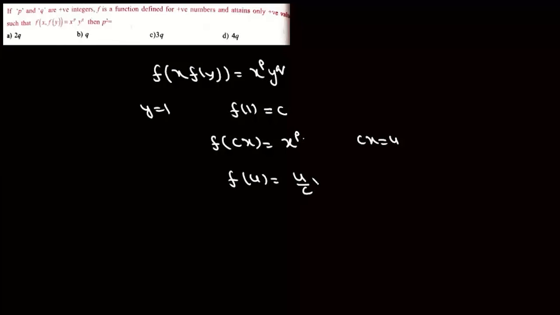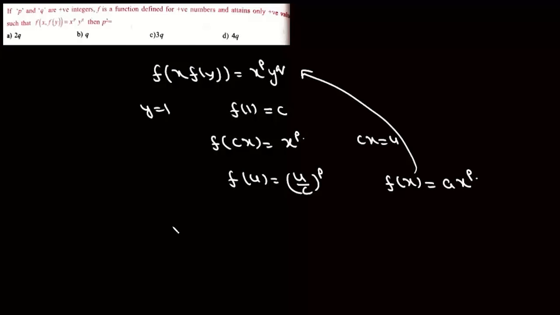Now what we'll do is we'll put y as 1, and suppose f(1) is some constant c, then we can write f(cx) will be x to the power p, and if we take cx as u, we can write f(u) will be (u upon c) to the power p, or we can say this function f(x) is some constant times x to the power p.